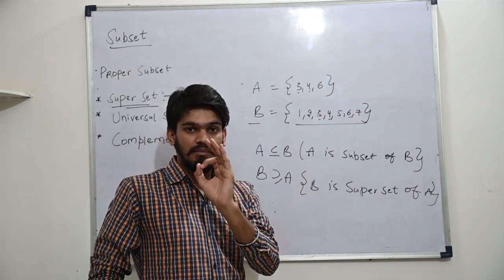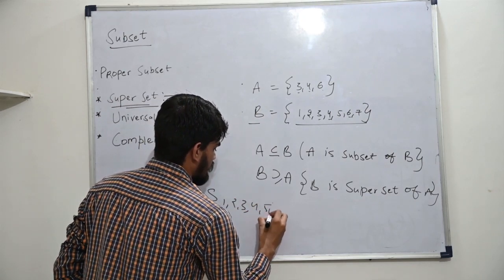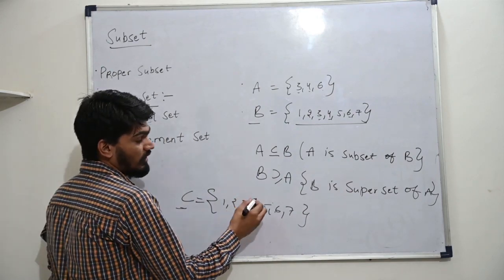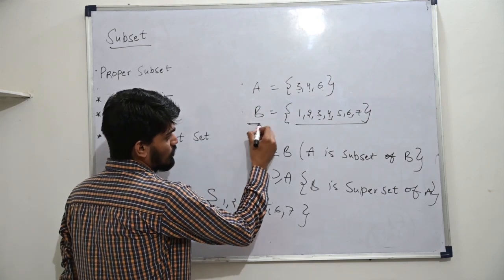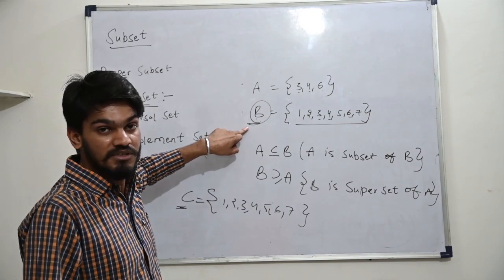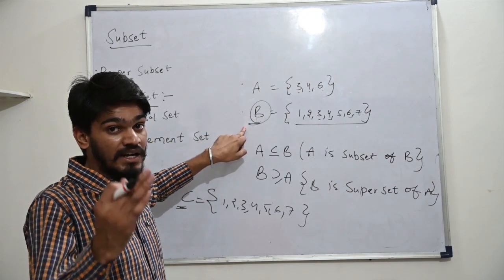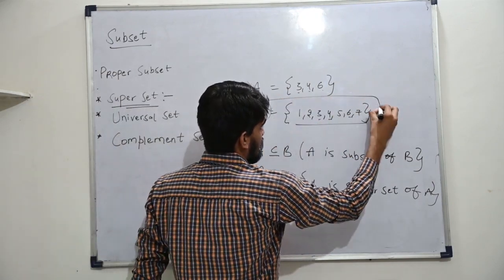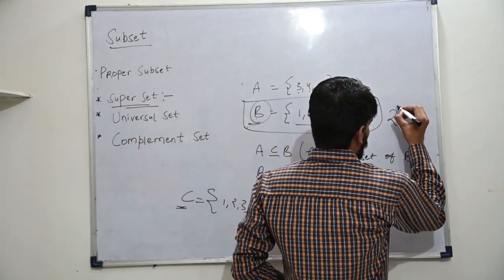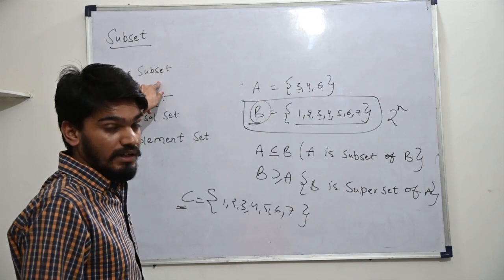If I write some other set C such that C is also 1, 2, 3, 4, 5, 6, 7, which is an equal set, now this C will also be a subset of set B. Now the number of subsets of a set: we have a set B. How many subsets can it have? 2 to the power n. Alright, and we'll see about proper subsets as well.